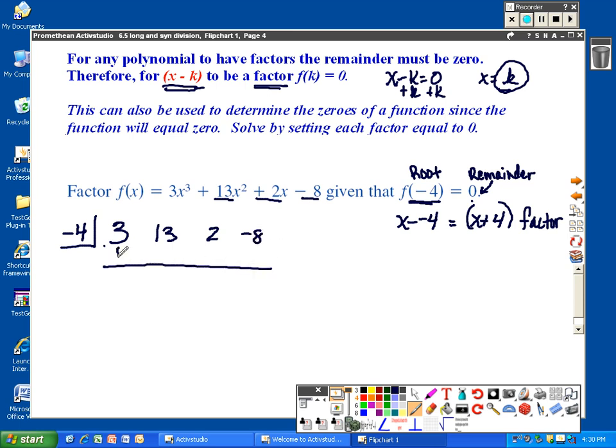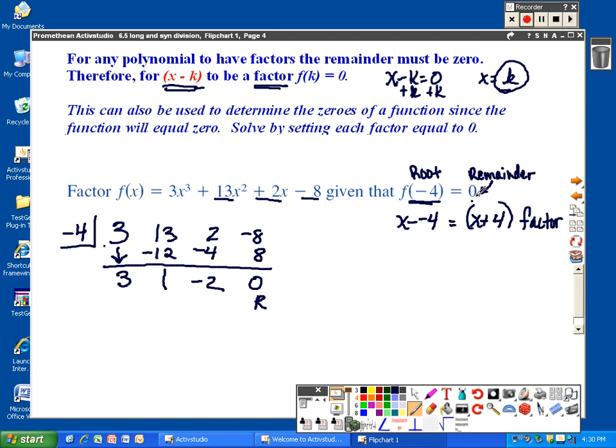Bring down my 3. 3 times negative 4, negative 12. Add 1. 1 times negative 4, negative 4. Add negative 2. Negative 2 times negative 4, 8. Add 0. I better have had 0 as a remainder because that's what I was told in the beginning.